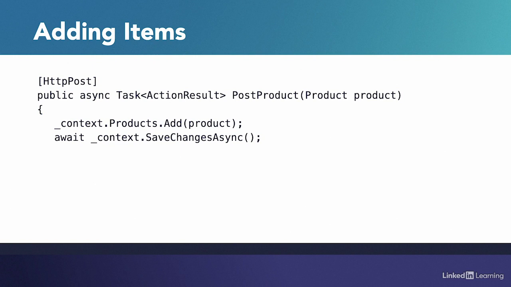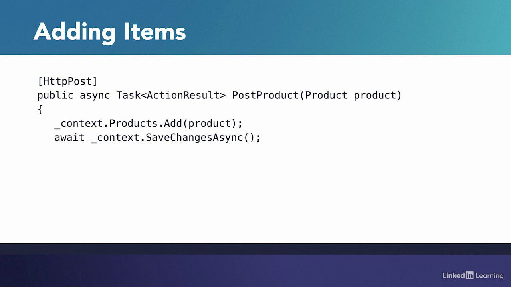The ID is generated automatically by the database, but we still have the product, the variable product, which will get updated after saving into the data store with the ID. So we can then just return the representation of the newly added item, including that ID.